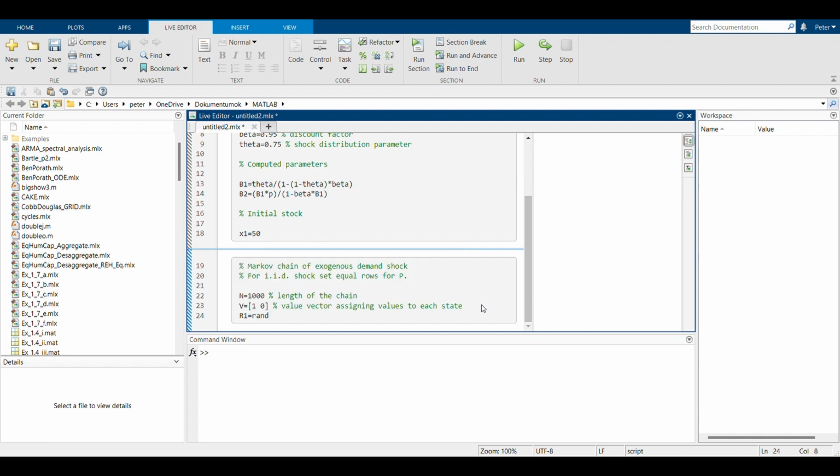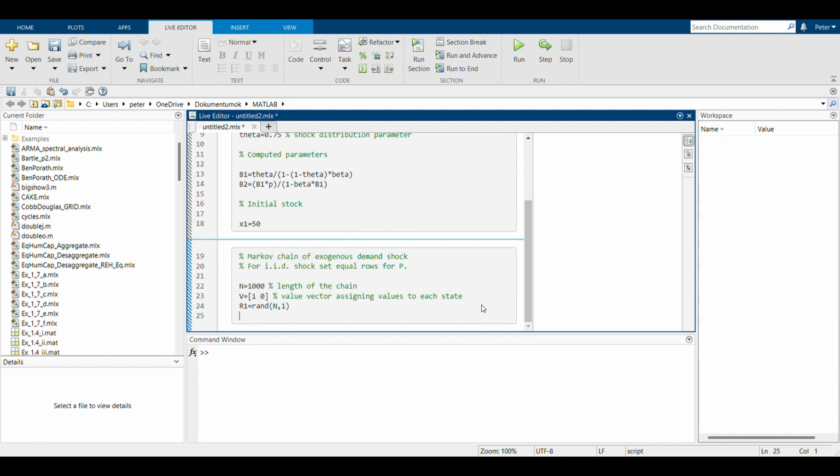As you may remember, in the previous exercise, we worked out a possible MATLAB code for defining a Markov chain, and you remember that this vector of random numbers is the basis on the basis of which we can define a Markov chain.